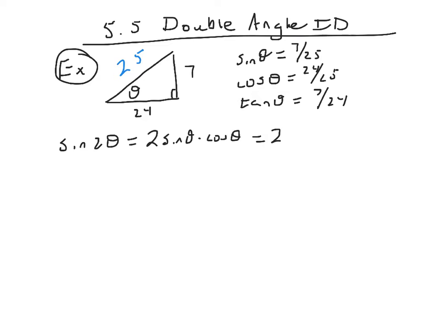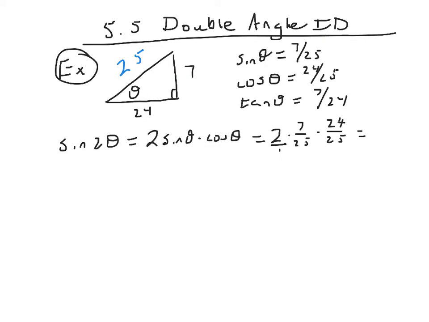So that's 2 times the sine of theta, which was 7 over 25, times the cosine of theta, which was 24 over 25. And now I can go ahead and multiply all those together straight across and get my answer. So 14 times 24, 25 times 25.